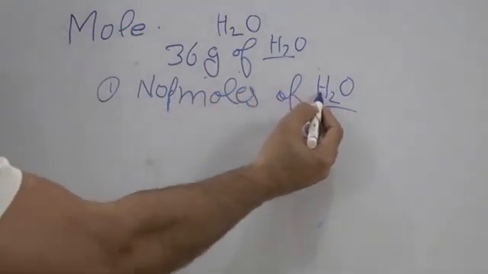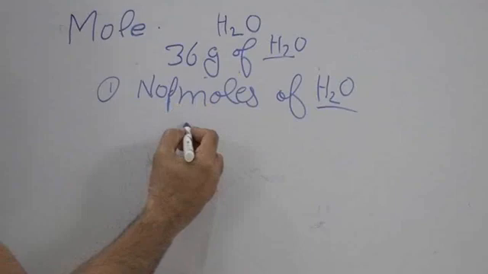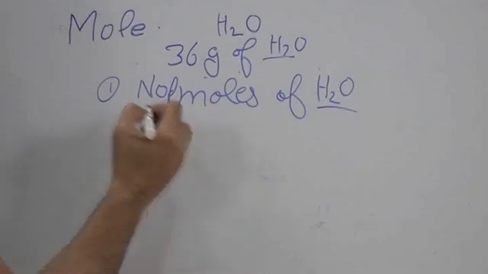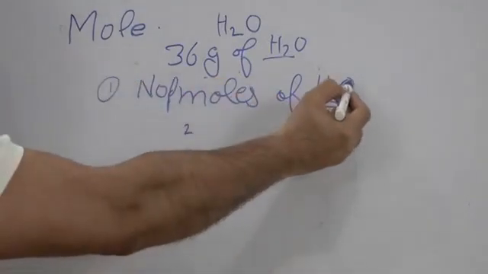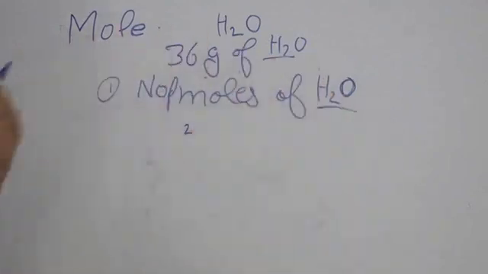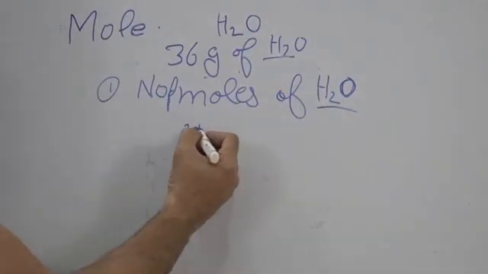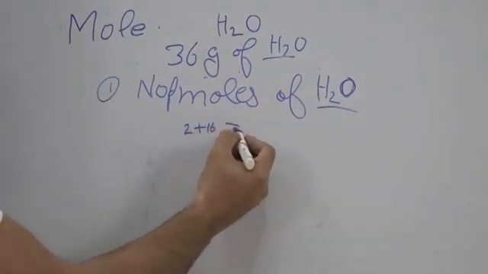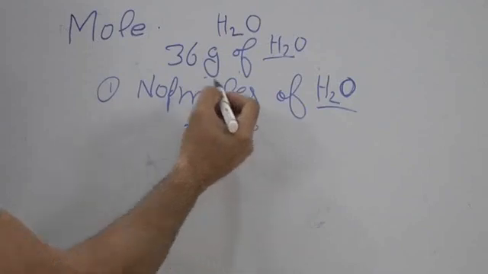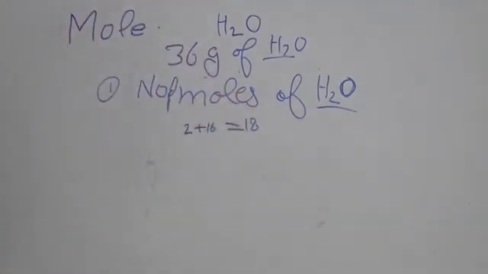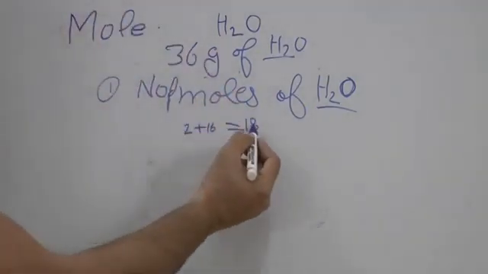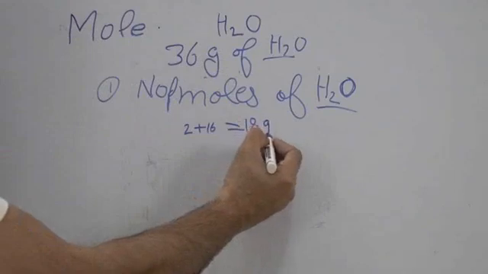In H, 1 H weighs how much? 1U, and 2 would weigh 2U. And 1 oxygen atom weighs how much? 16U. Total comes out to be 18U.